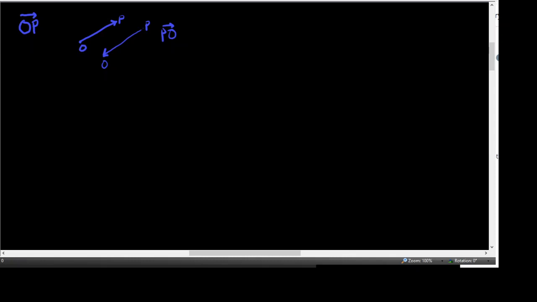So if I were to draw another vector over here, and I'm going to try to make it look like it's the same magnitude and direction as OP, and let's say this one is AB, then we could say that vector OP is equal to vector AB. And again, we're assuming that my drawings are perfect, which of course they're not. So I hope you're looking at good drawings in the notes that I've posted.